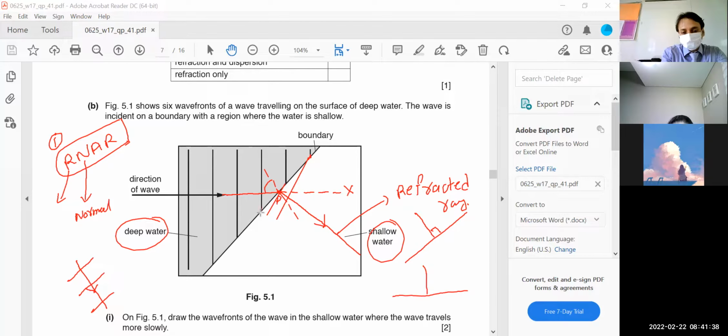Third one like this, and similarly the fourth one like this. And so this kind of wavefront will be there. This kind of wavefront, children. So this wavefront, which one? This one, this one, all these are normal to the ray.